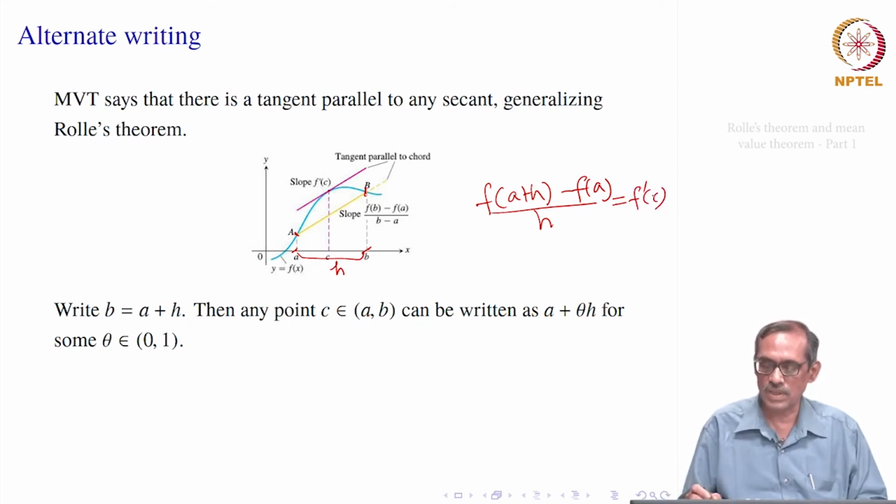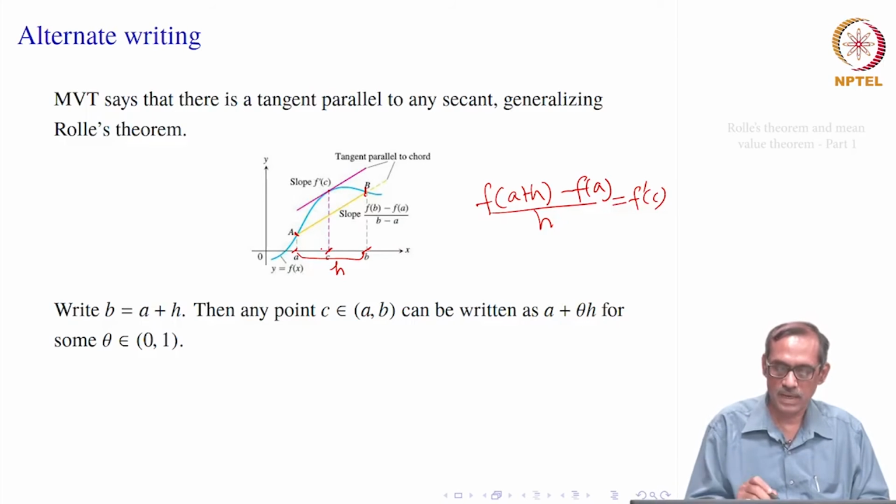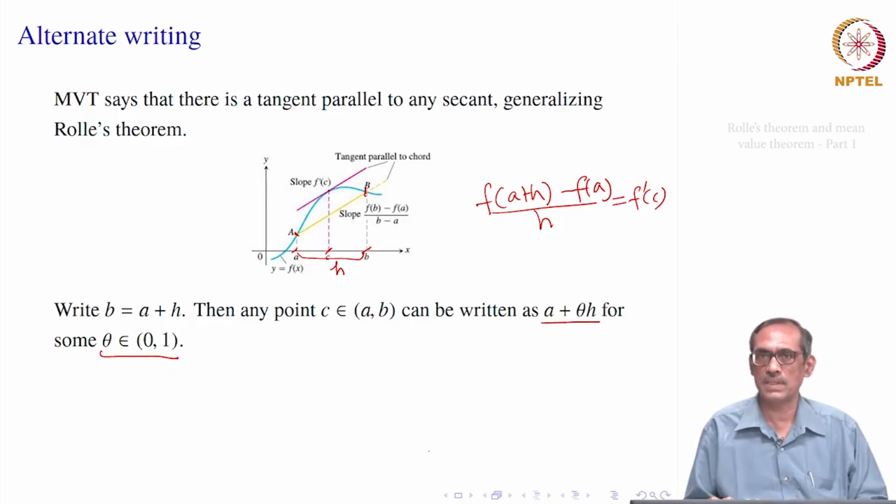So, now how do we write c? c is a point in between a and b. So, we can write c equal to a plus theta h, where theta is some number between 0 and 1. When it is equal to 1, it gives b, when it is 0, it gives a, and in between, points are expressed by a plus theta h.